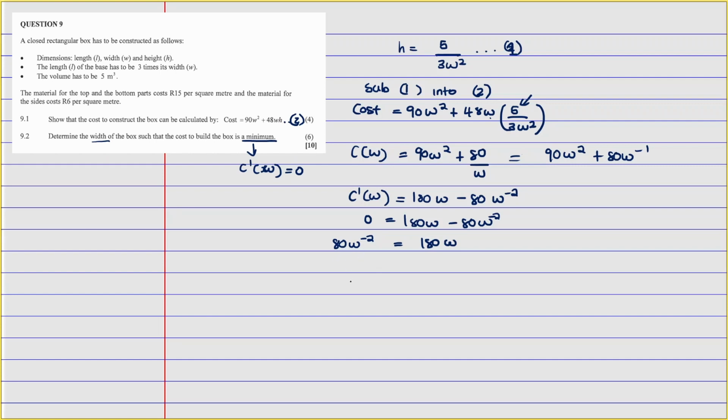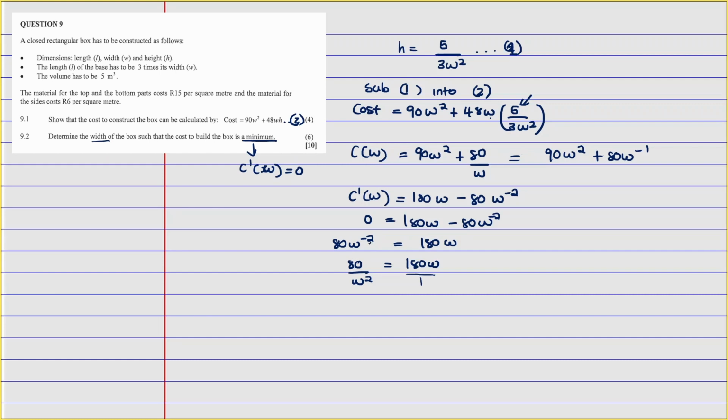Take the w squared to the numerator. So it's going to be 80 equals 180w times w squared. Since this one is a fraction, this is the same as dividing by 1, so it can be a fraction. The reason I'm doing that is because I want to cross multiply. Are you okay with that?